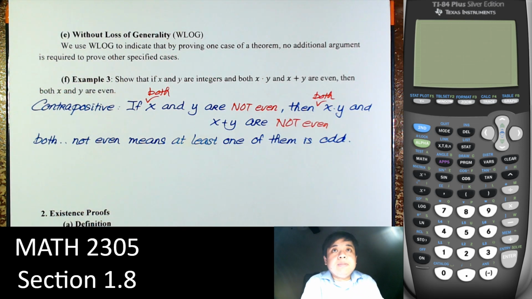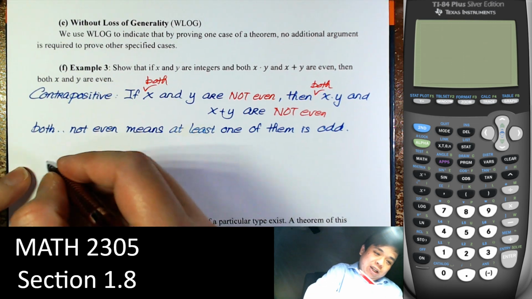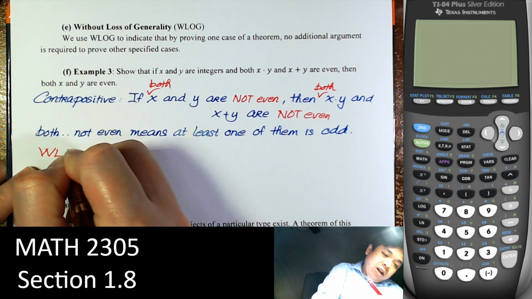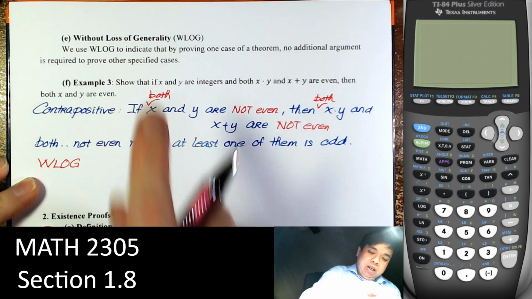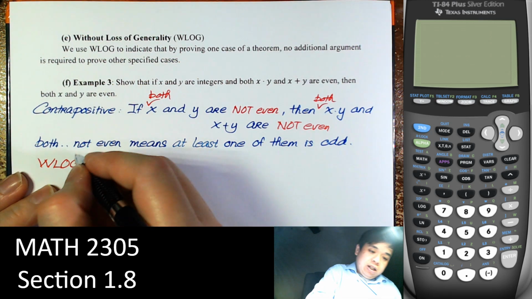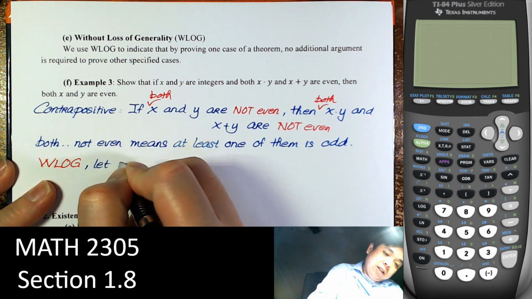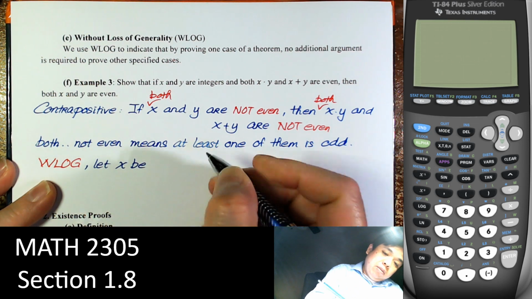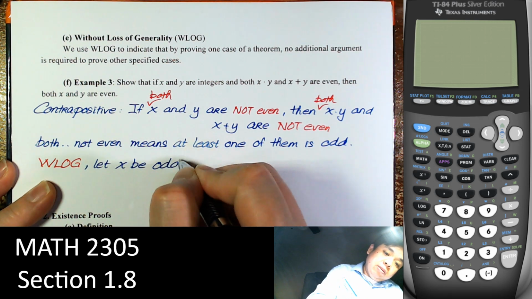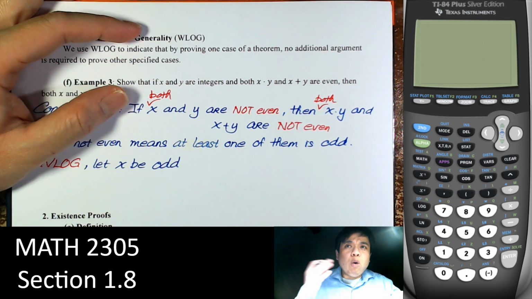Now, if we say at least one of them is odd, it could be x, it could be y. So in that case, that's where the phrase comes in. We say without loss of generality, let x be odd. Like I said, one of them has to be odd. Of course, both of them can be odd.